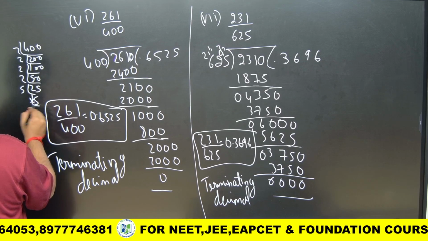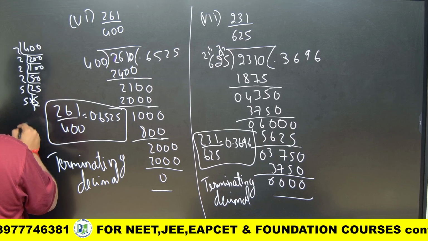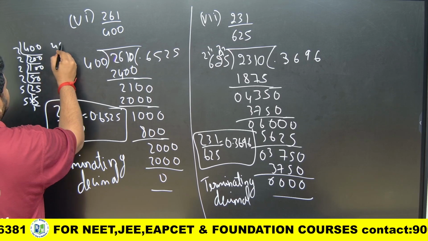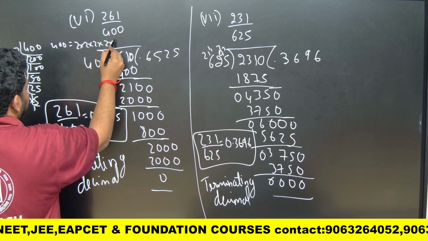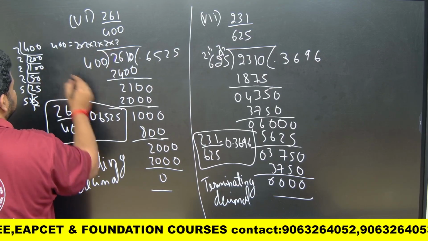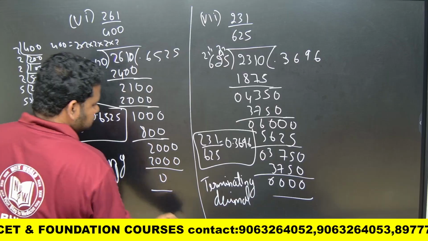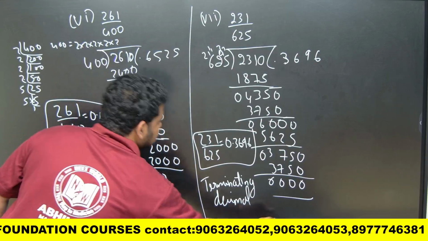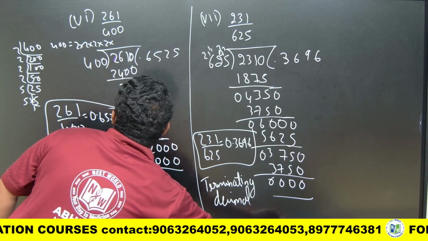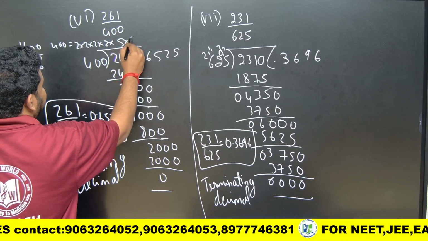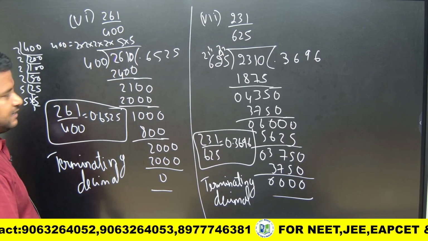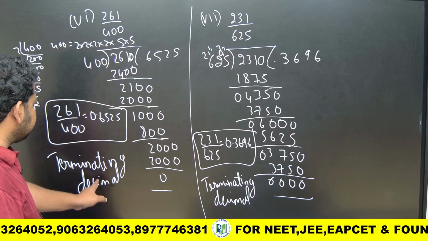So 400 can be written as 2 into 2 into 2 into 2, that is 4 times 2, and 5 is 2 times. So see here, in the sixth question we are getting a terminating decimal.